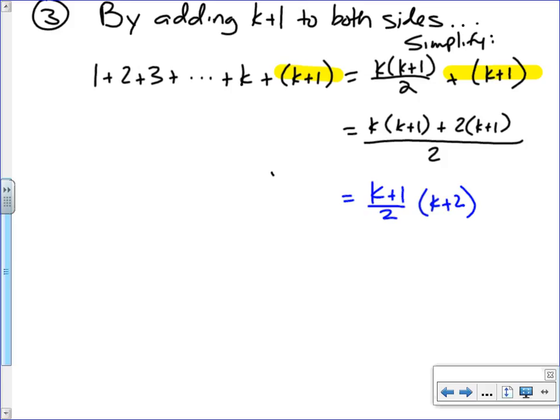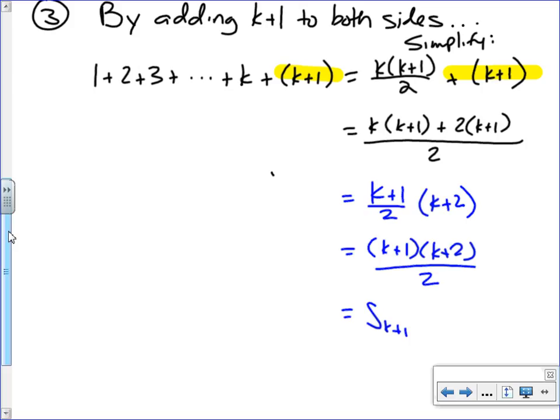Which is the same thing, since it's multiplied, as k plus 1 times k plus 2 over 2, which is equal to S_(k+1). I couldn't get the k plus 2 unless you did that. Yeah, it's the same thing.